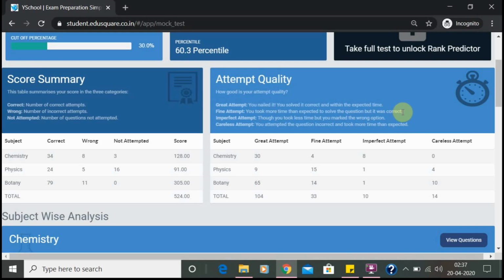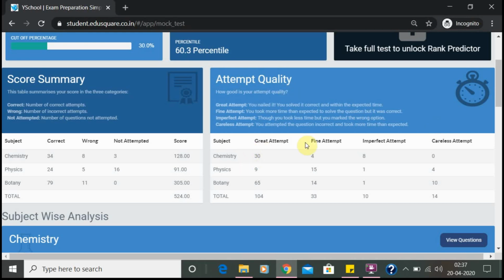Also, based on the various attempts the students have made over the years, our system, which is based on artificial intelligence, takes care of all the data that comes into the system and then gives you a real picture of how well the question was attempted relative to the attempts that have been made earlier, right?